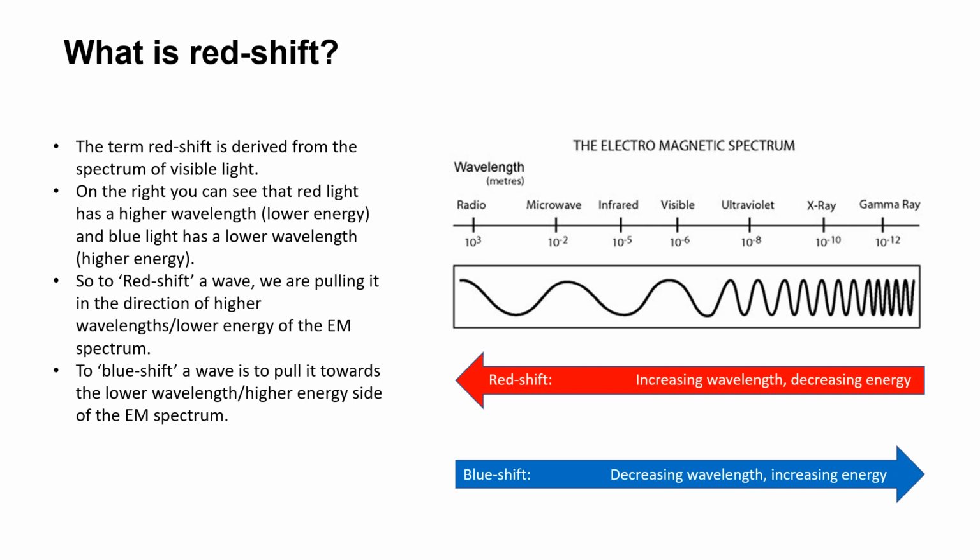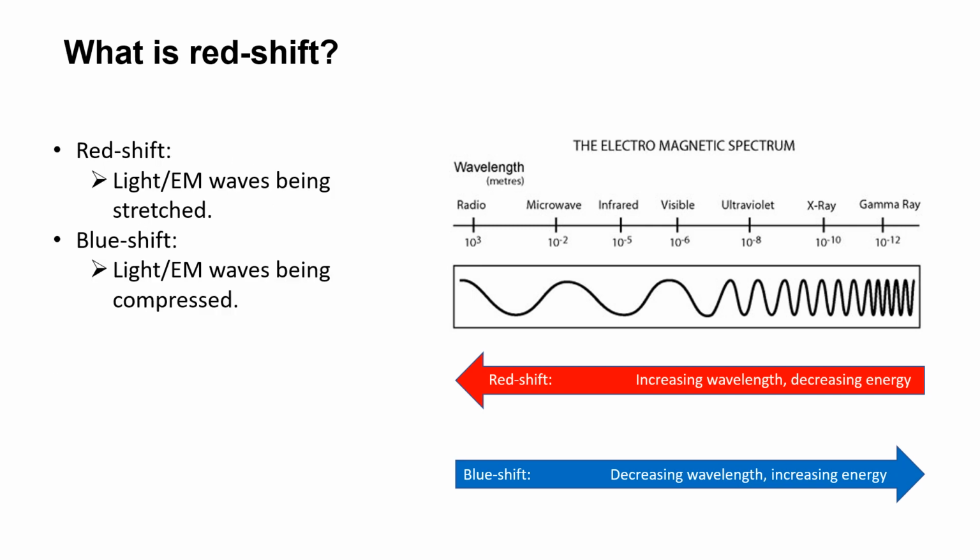But it's basically just a movement in one direction. So it's about moving towards higher wavelengths in the case of redshift, or moving towards lower wavelengths in the case of blue shift. So the key takeaway from this is that redshift is when light/electromagnetic waves are being stretched, and blue shift is when they are being compressed.